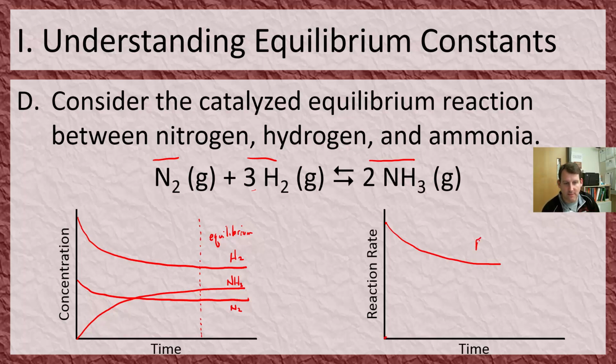So let me label this one forward. The reverse reaction is going to start out at 0, but it's going to increase over time, and then it's going to taper off. This one's going to go here. And as soon as the reaction rates are equal to each other, this is the point of equilibrium.